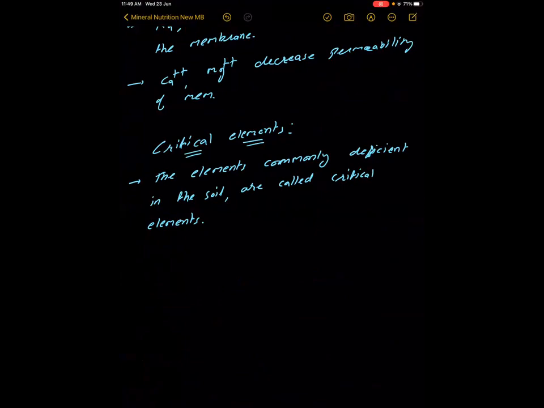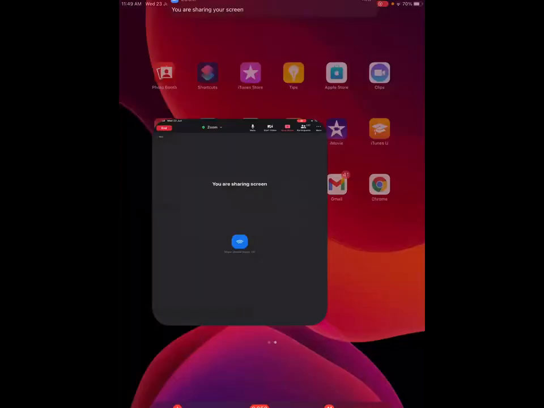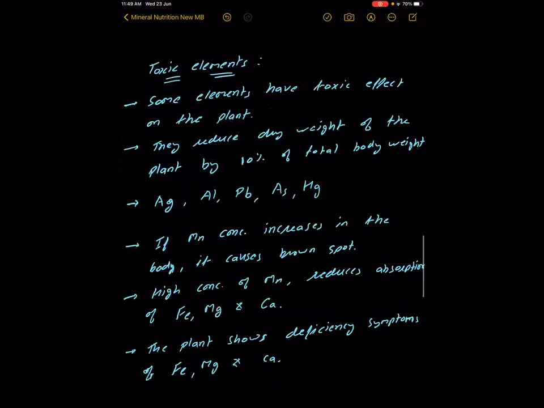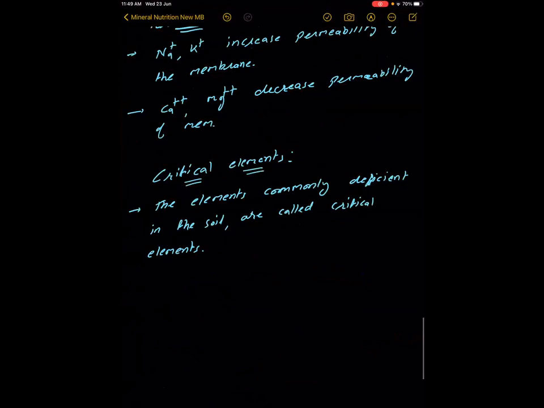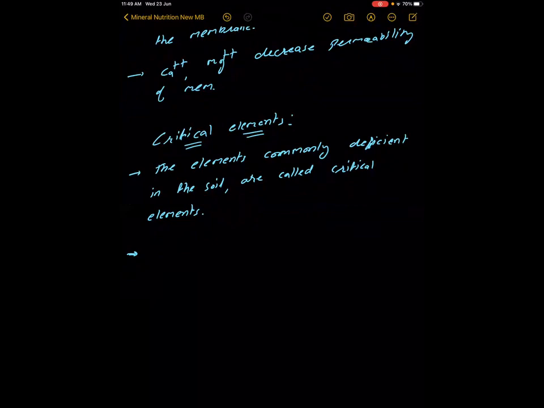So we are talking about critical elements. Yes, this is critical element. Critical element means generally they are deficient in the soil, in less quantity. These are actually macro elements. These are NPK, the most famous elements: nitrogen, phosphorus, potassium.